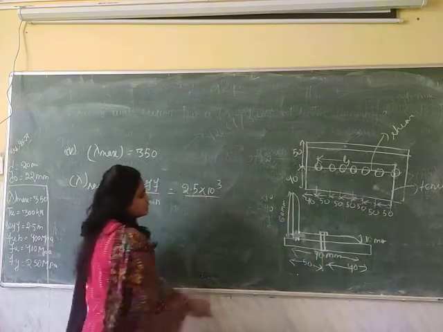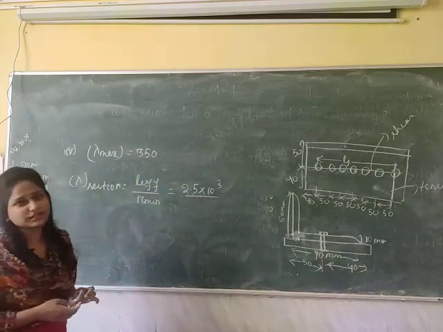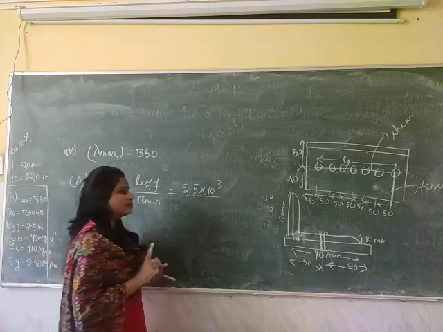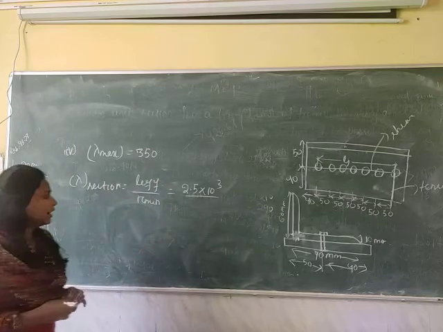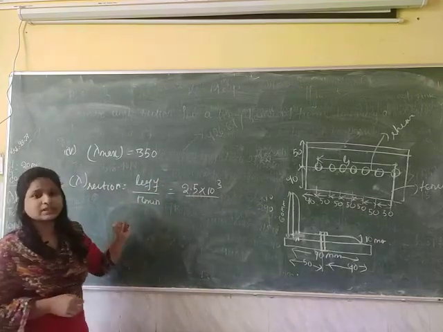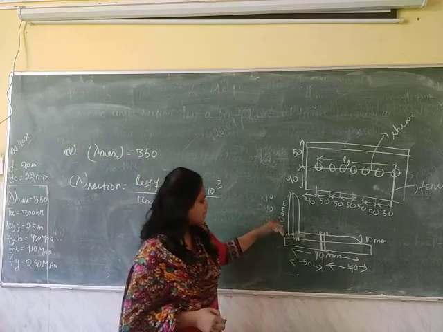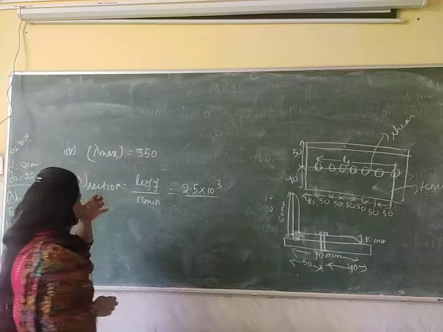Okay, so for this section 4 radius of gyration values are given in the steel table, that is rxx, ryy, ruu, rvv. Okay, so along the 4 axes the radius of gyration value is given in the steel table for this ISA 90 into 60 into 10. Okay, but we have to take the minimum value.